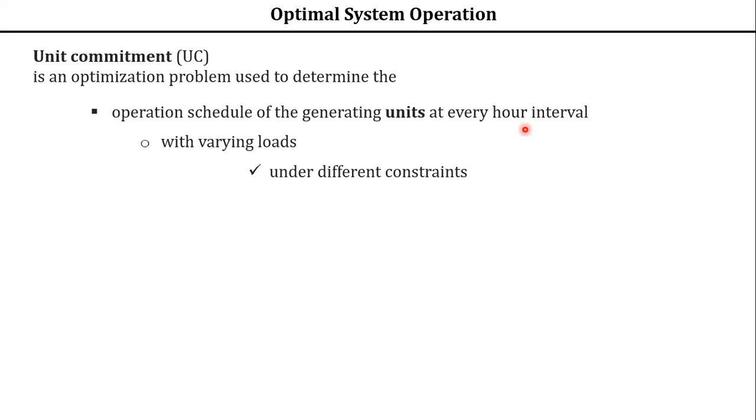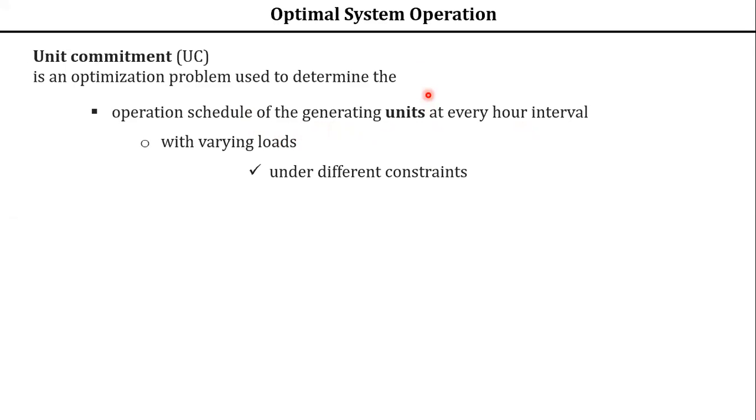So the unit commitment problem is used to determine the operation schedule of generating units at each hour with varying load under different constraints. This is the on-paper definition you have to give. Unit commitment will tell you which units to operate per hour for varying load with different constraints.